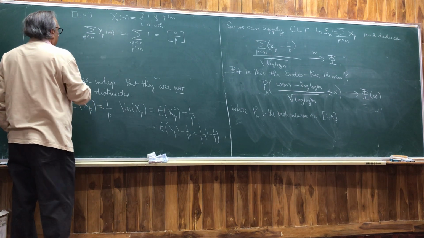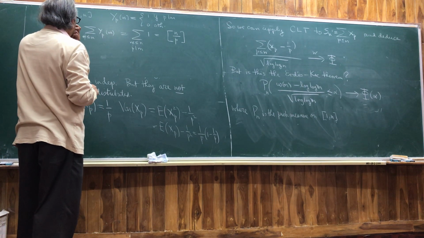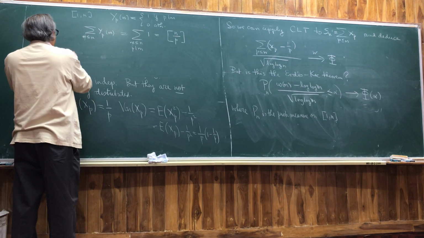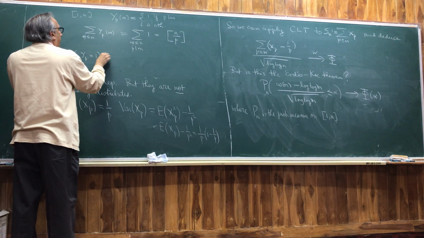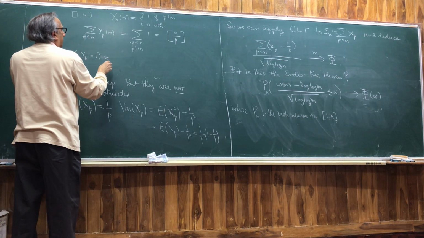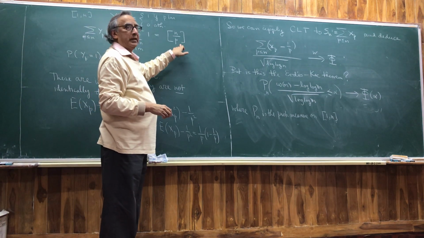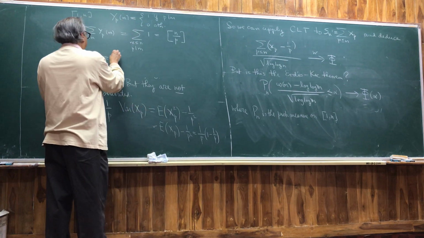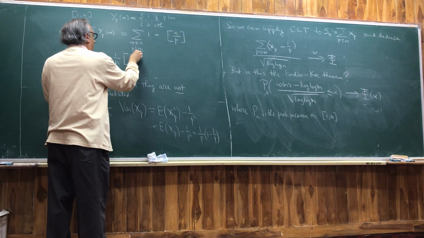So the way to count, we may want to say that the probability of Y_p equals 1 is then what? The probability of Y_p equals 1 is this number divided by n. The usual counting process, correct?